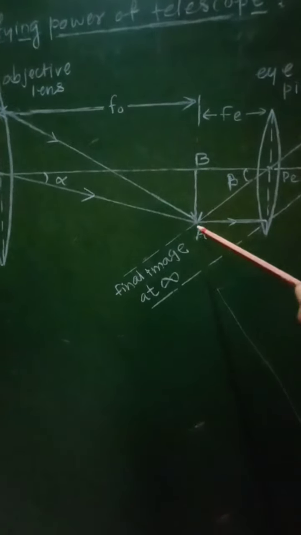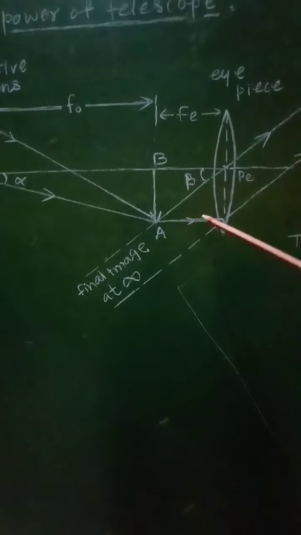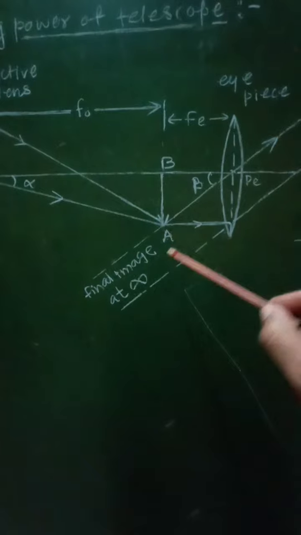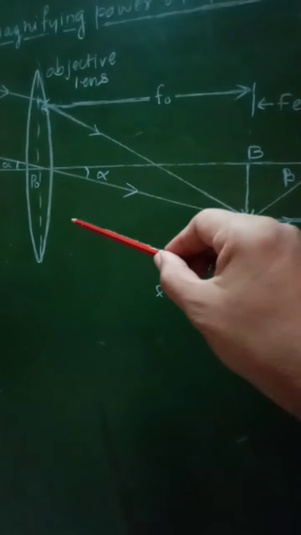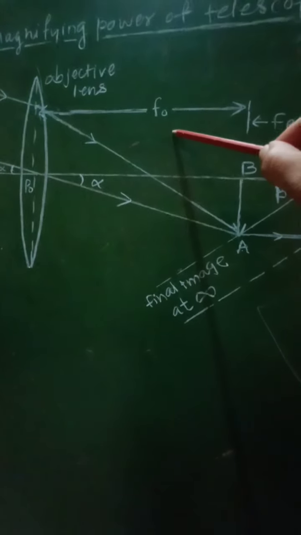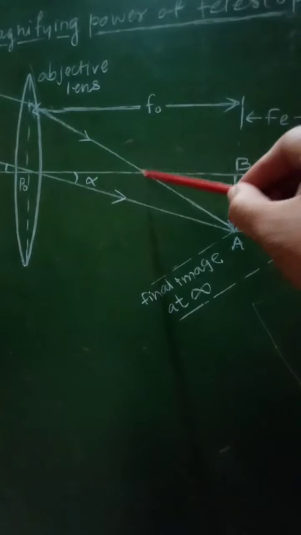Now this AB image will act as the object for this eye lens, that is the eyepiece, and therefore its final image will be formed at infinity. Now the distance between the image formed by the objective and the objective is equal to FO, that is the focal length of the objective.